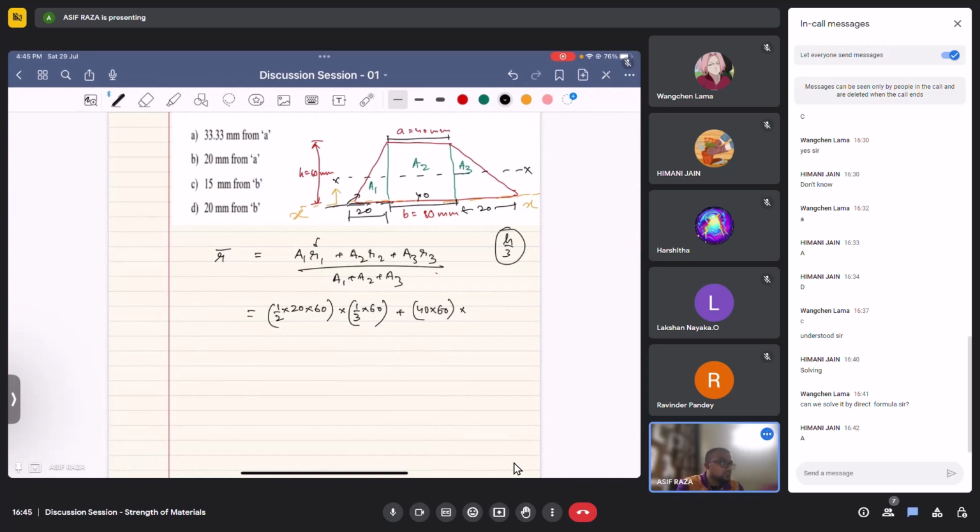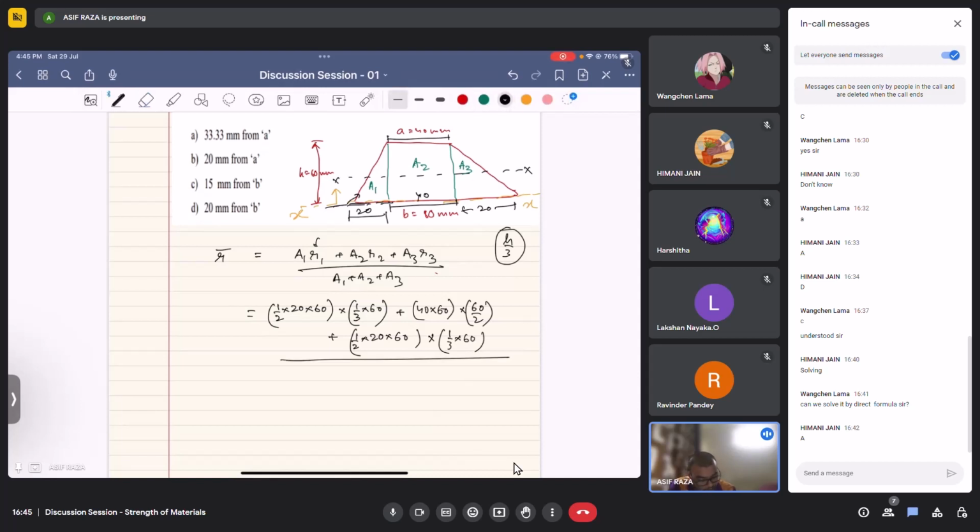Since it's a rectangle, it is having a symmetric section, so it would be h by 2, 60 by 2. And A3 is similar to A1, so area would be half into base into height, and R3 would be same as R1, one third of 60.